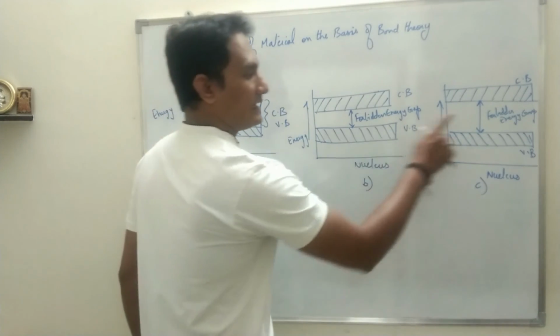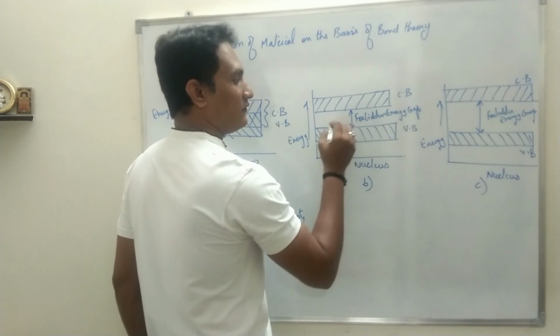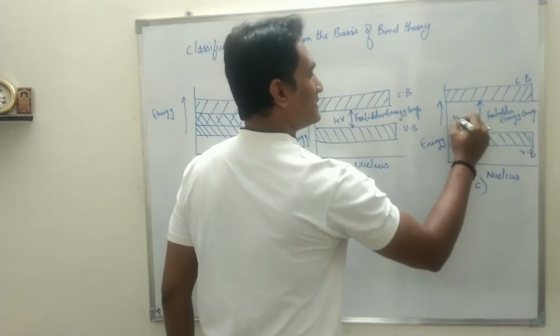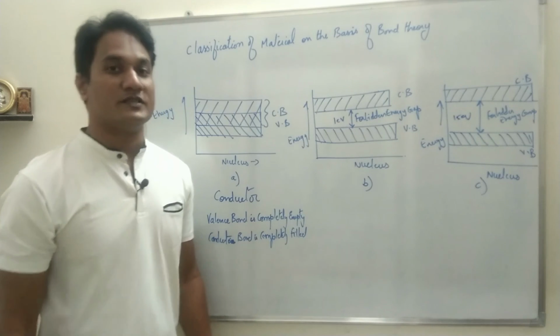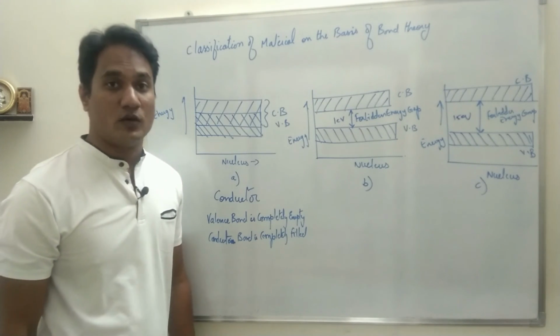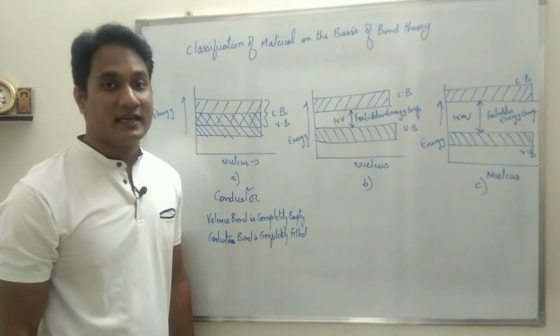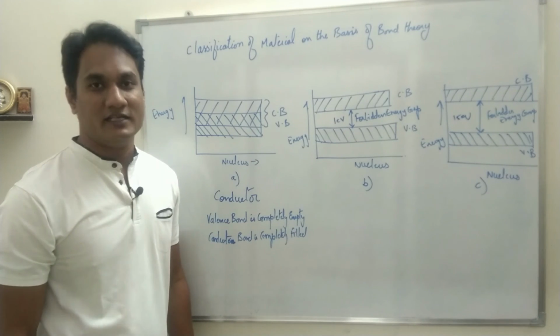Now see the second and the third diagram. In the second diagram, now I am specifying the forbidden energy gap. This is 1 electron volt and this is 15 electron volt. So now as I have specified the values, it becomes very easy to understand that with more forbidden energy gap the material will be an insulator, and with less forbidden energy gap the material will be a semiconductor, silicon for example.